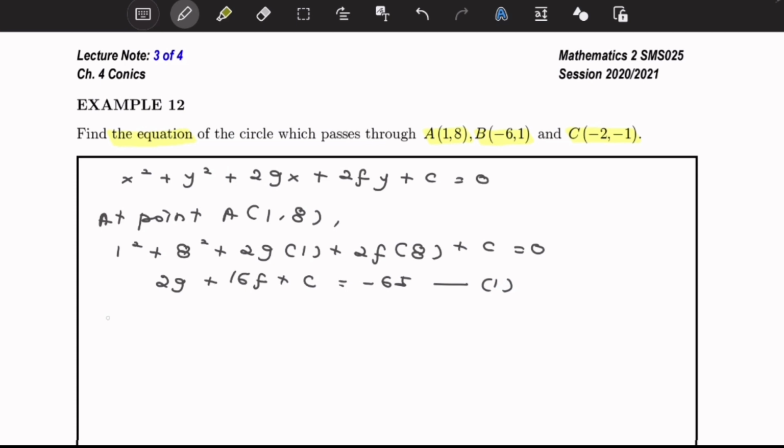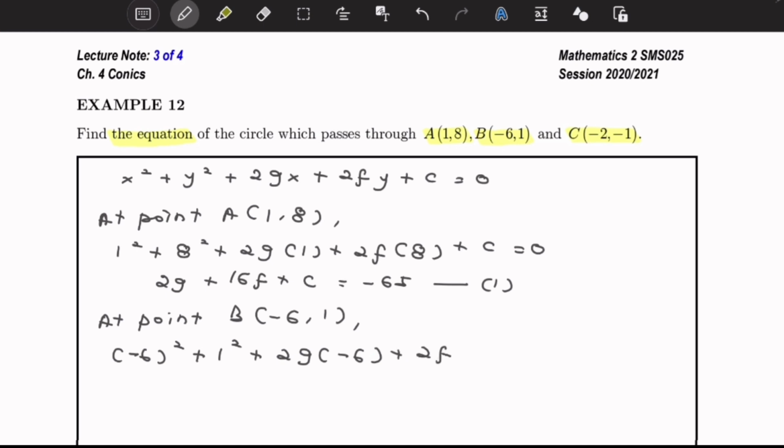Second equation at point B. The coordinate is (-6, 1): (-6)^2 + 1^2 + 2g(-6) + 2f(1) + c = 0.